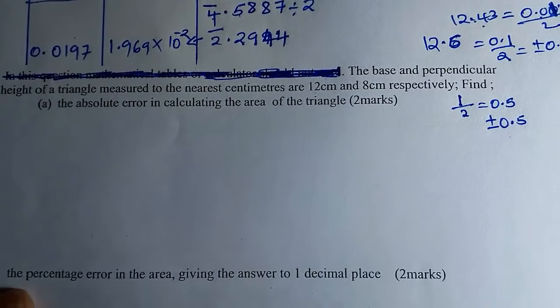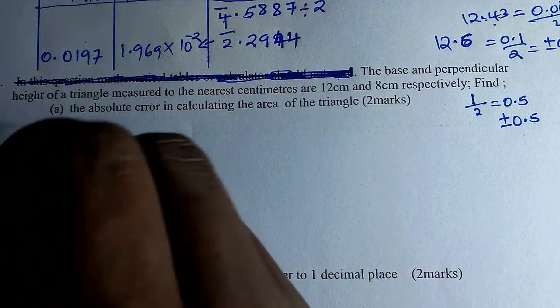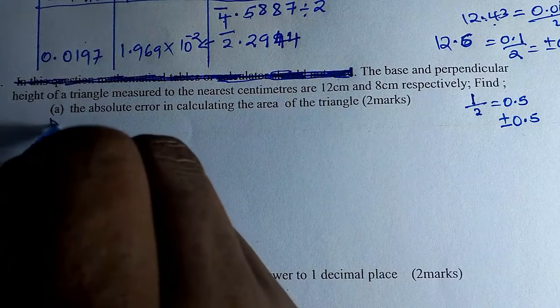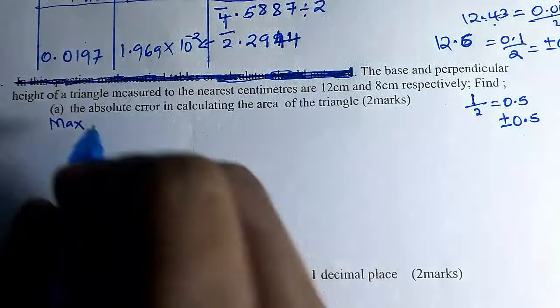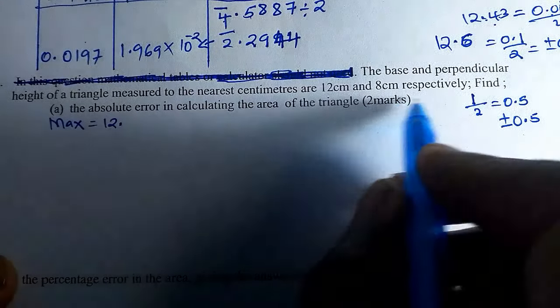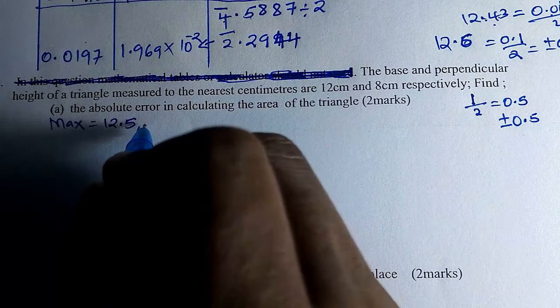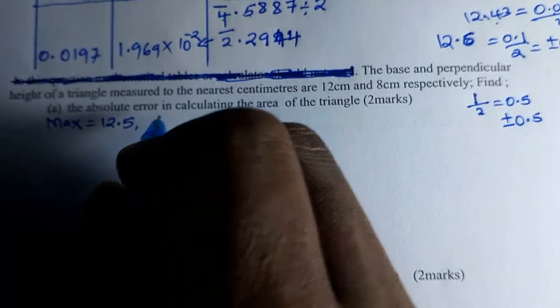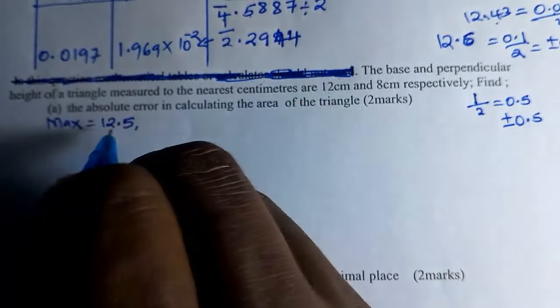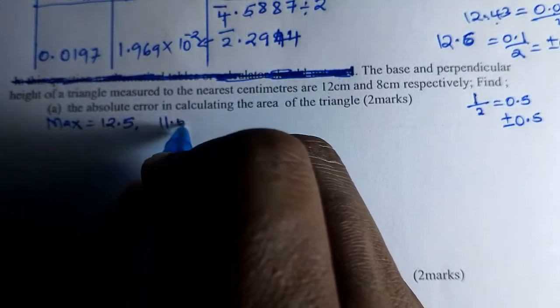So here for this one, the upper limit and the lower limit. The maximum for this one, we will have 12 plus 0.5. Then the minimum, that is the lower, you subtract 0.5, we will have 11.5.